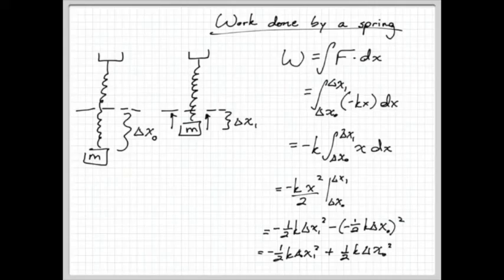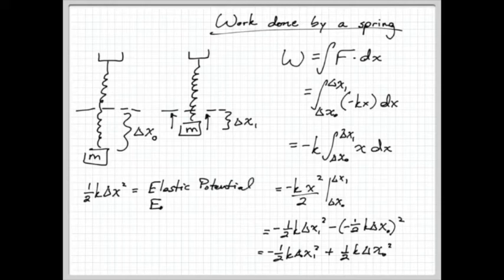From here we've defined a new expression. The 1/2 k change in x squared is actually defined as the elastic potential energy. Just like in gravitational potential energy, we use a capital U for potential. Now the subscript might be misleading.